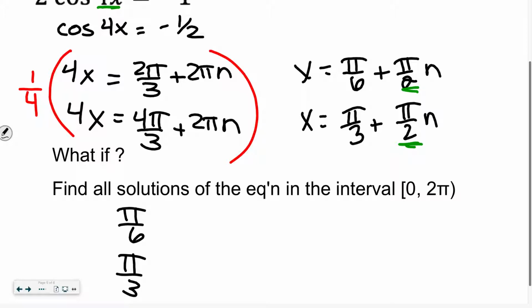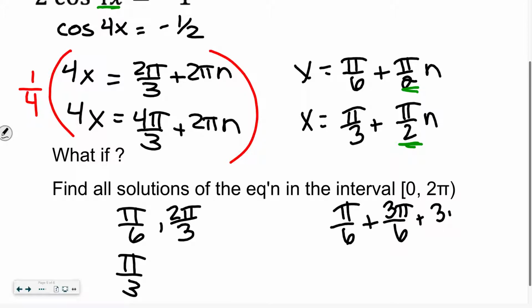It's only pi halves. So can I take pi 6 and add a pi halves, which would be like 3 pi 6, and still be in between 0 and 2 pi? Yeah, I'd be at 4 pi 6, which is 2 pi thirds. And could I add another period?